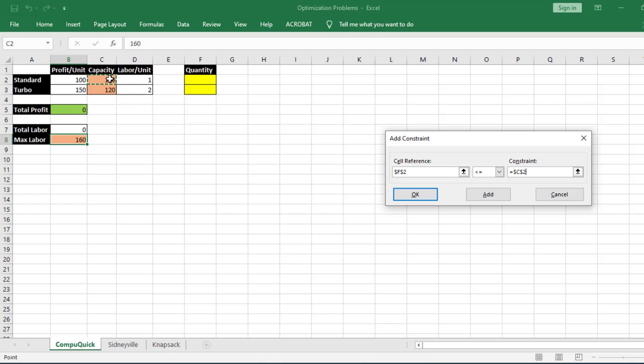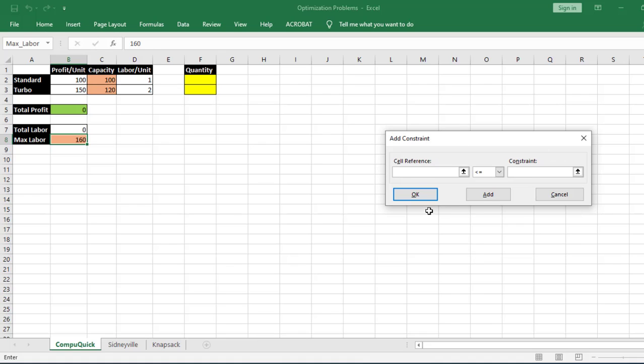To this capacity. I'm gonna click on add. Now the second constraint is that this quantity here, x2, should be less also than this constraint, which is 120. And then I'm gonna say add.